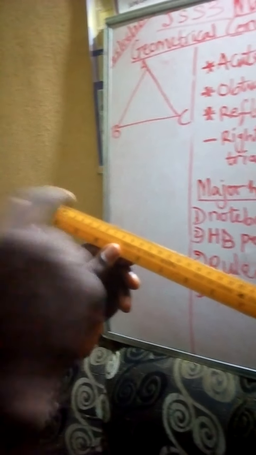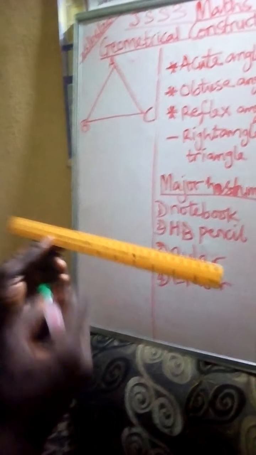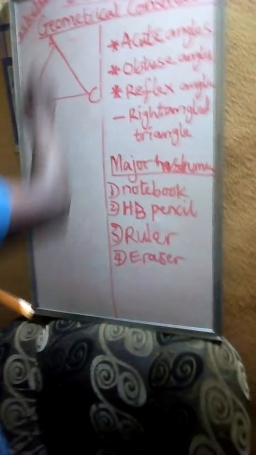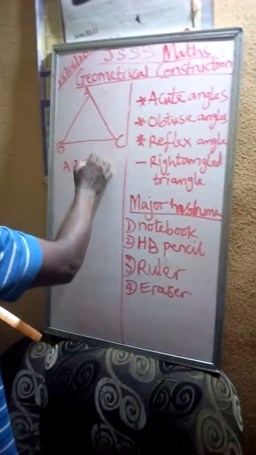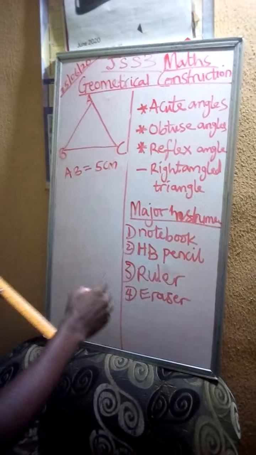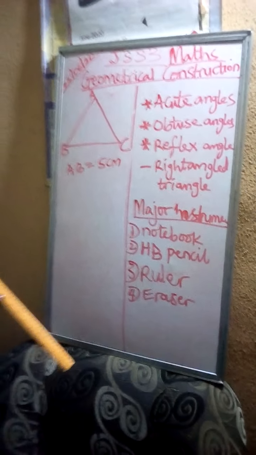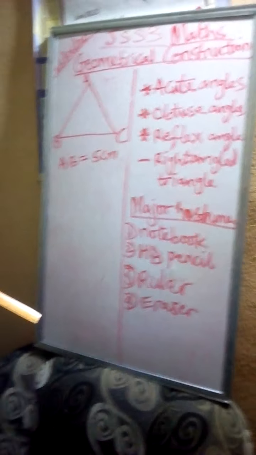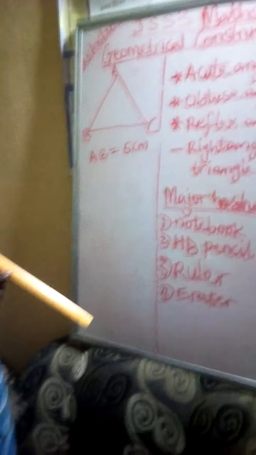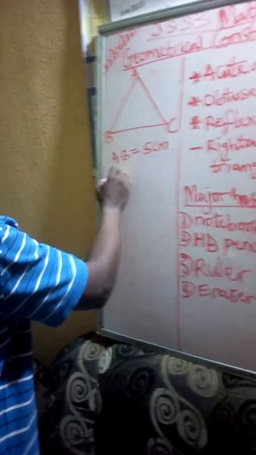Look at this centimeter. You are asked to draw a line AB. Let's say AB is 5 centimeters. Draw the line AB 5 centimeters.